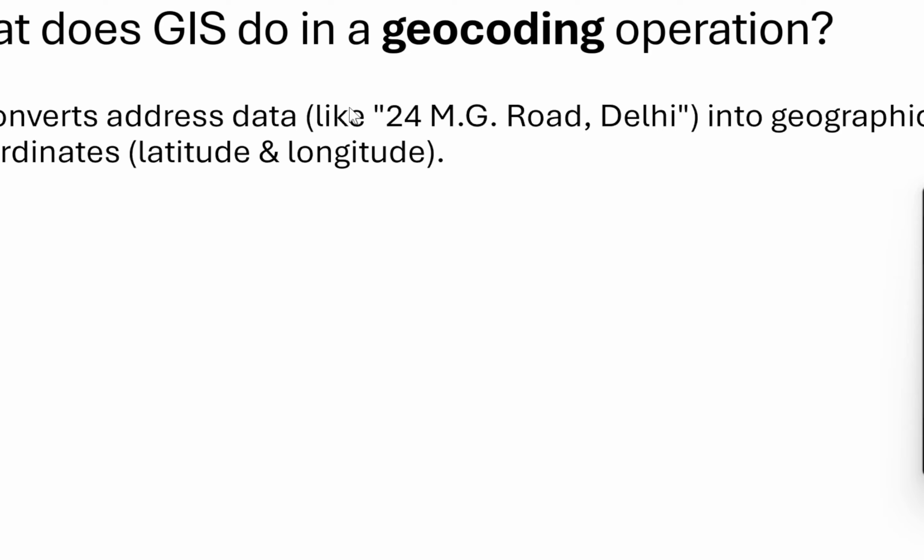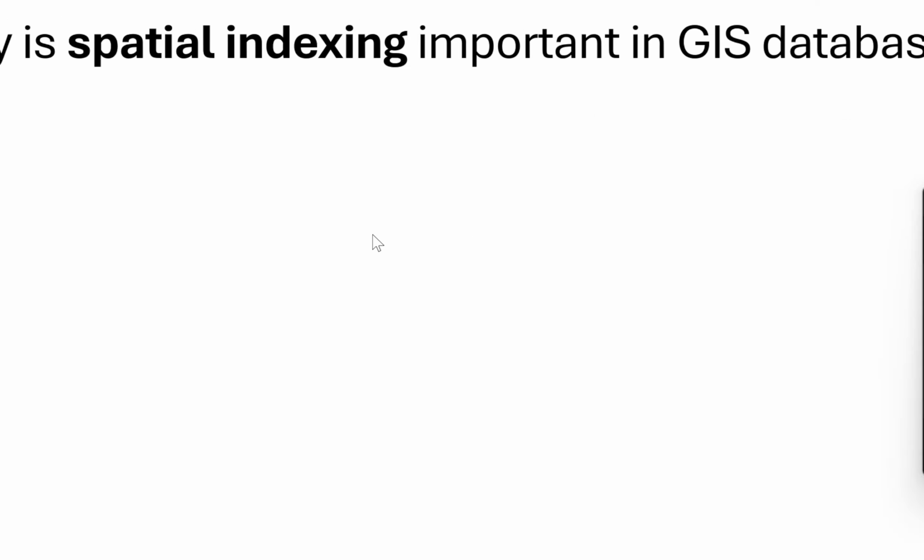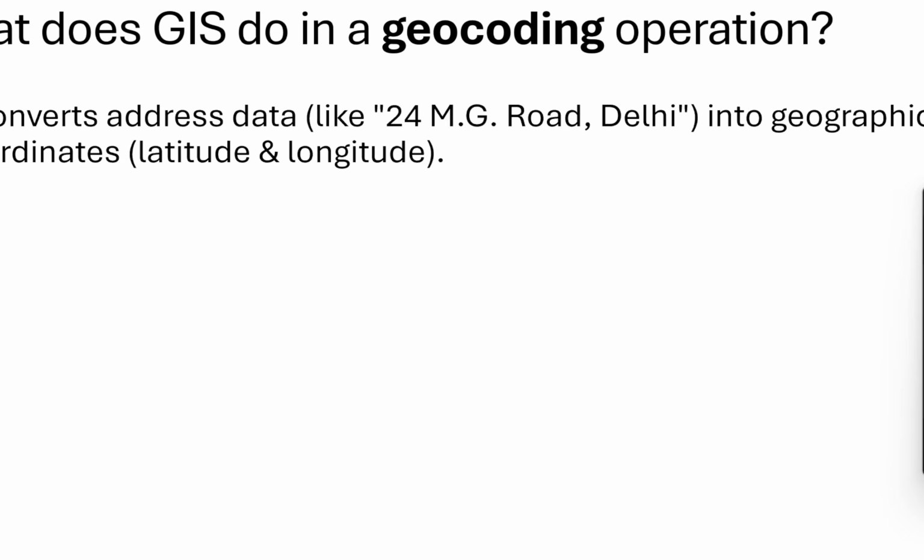So what is geocoding? It will basically convert any address data into geographic coordinates. Suppose there is information about any address, it will convert that address into the format of latitude and longitude. Okay, and this is what the geocoding term means.